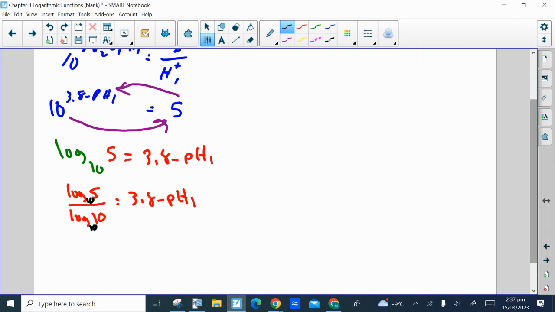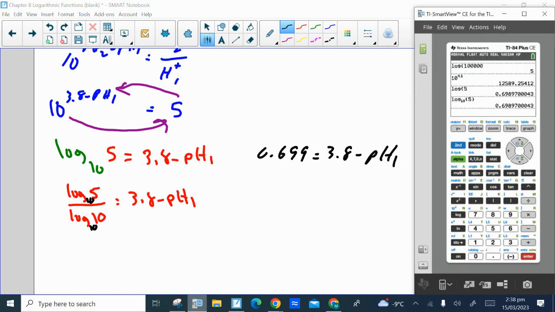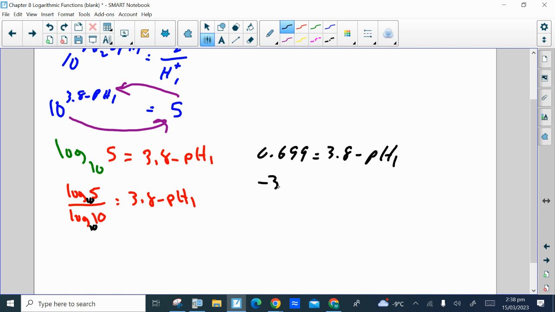So the left side works out to be 0.699, and that equals 3.8 minus pH 1. When you subtract the 3.8 from both sides, you get negative 3.1, and that's what negative pH 1 is.